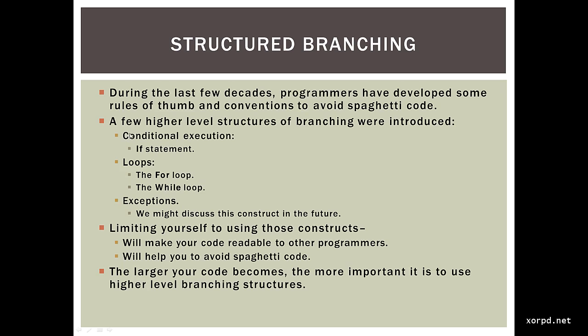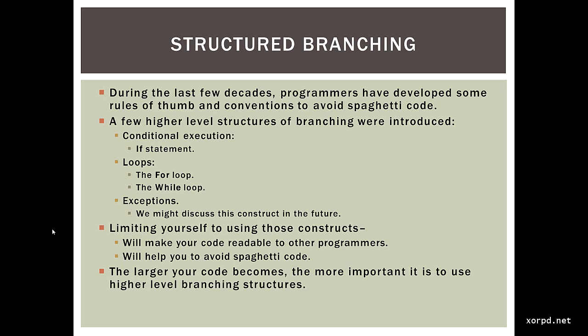For the most part, the conditional execution and the loops should allow you to do anything you want. There is even some kind of a mathematical proof that only using conditional execution and loops you should be able to do anything. Limiting yourself to using those constructs will give you some advantages.